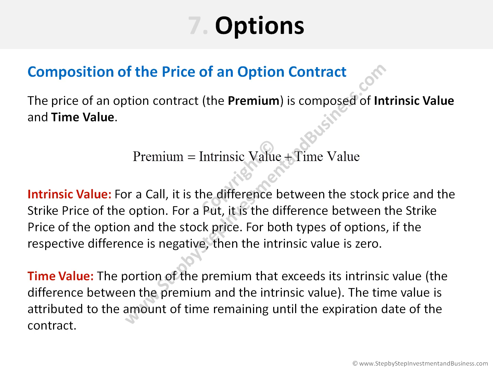The intrinsic value, in the case of a call, is the difference between the stock price and the strike price of the option. In the case of a put, it is the difference between the strike price of the option and the stock price. For both types of options, if the respective difference is negative, then the intrinsic value is 0.